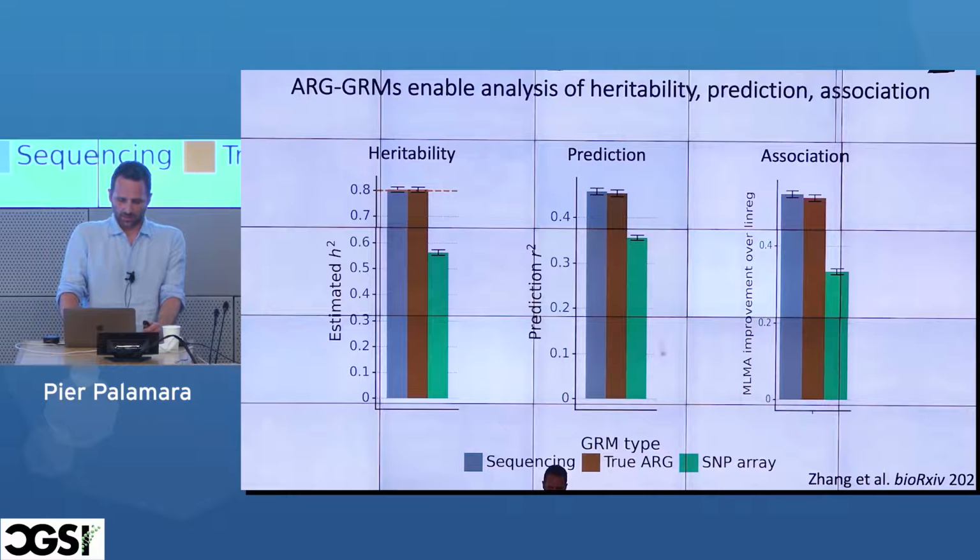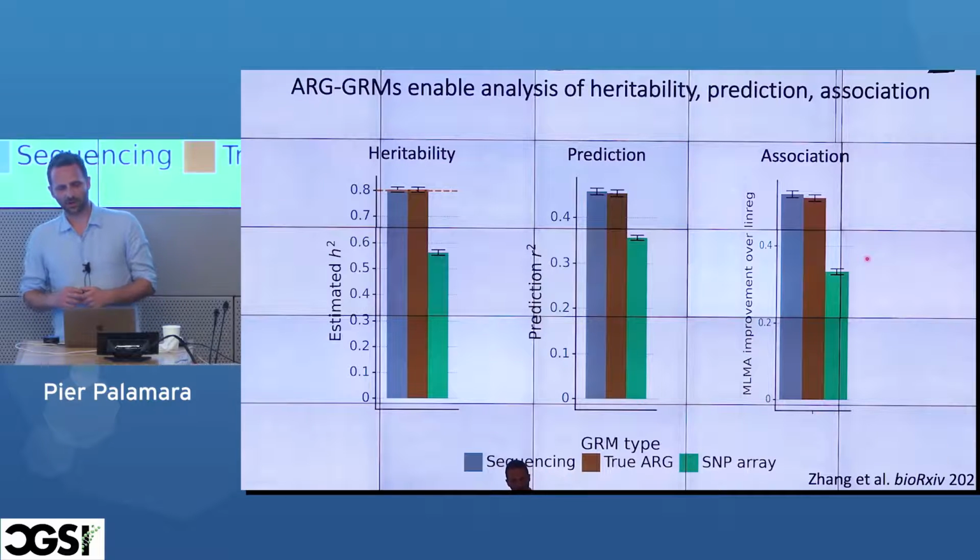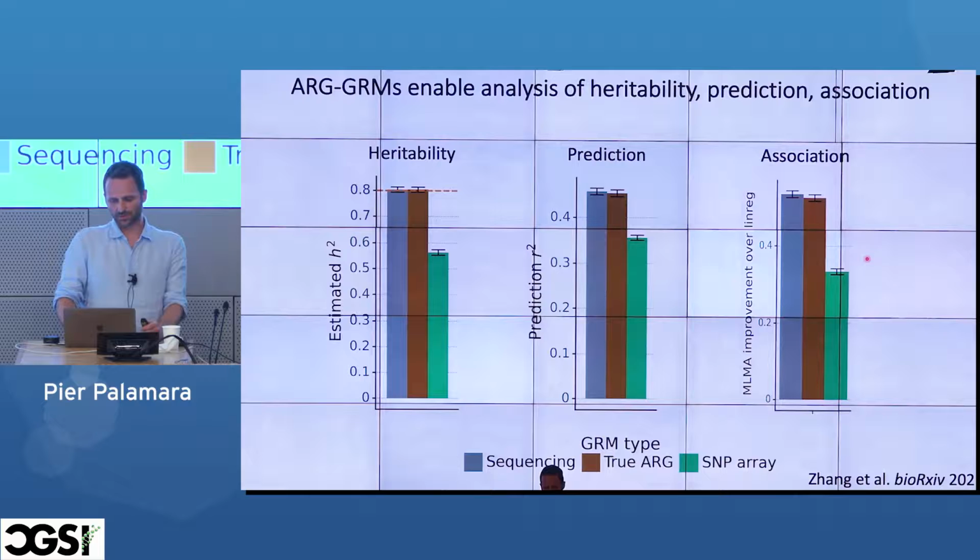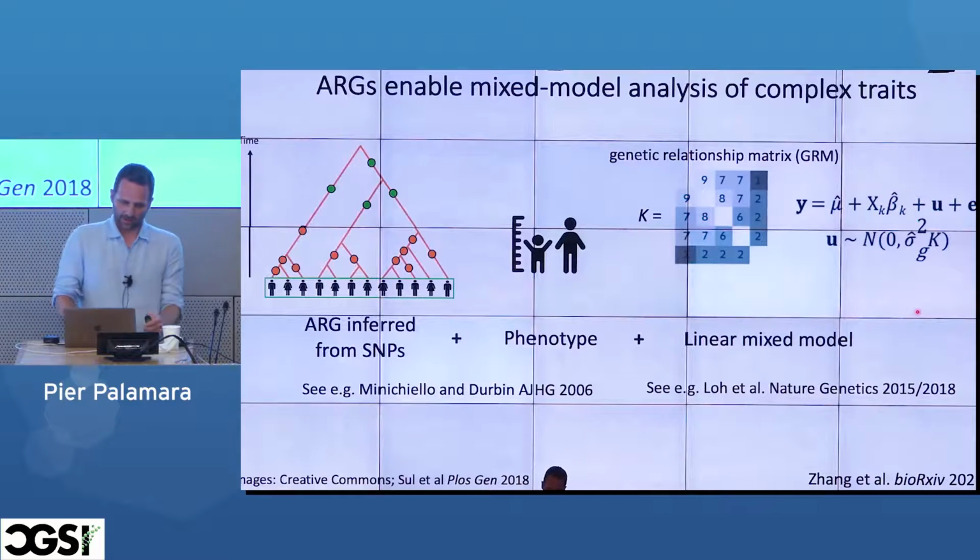In prediction, you get a boost of prediction from using the SNPs, but you would get a bit more accuracy by using the sequencing. And in association also, you would increase power if you used these kinship estimates. If you use the ARG, you get essentially the same results you would get from using the sequencing, which is an interesting observation.